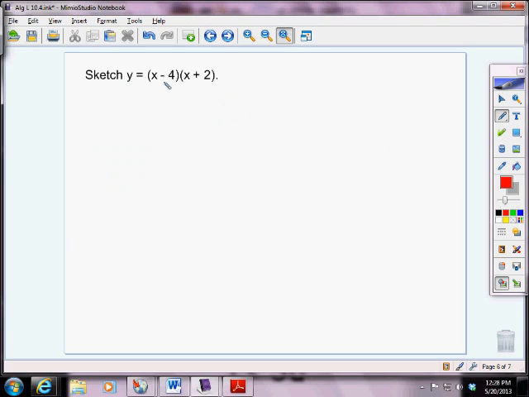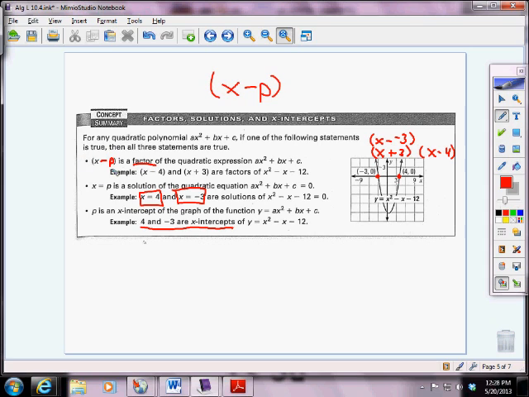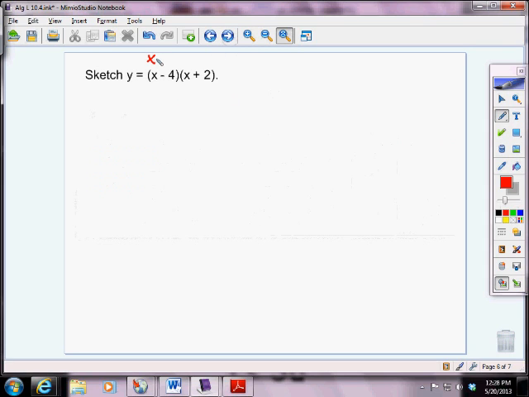It says sketch the graph of y equals x minus 4, x plus 2. Remember, x minus p is a factor. So what this tells us is where our x-intercepts are. So x has to equal 4, or 4 has to be an x-intercept.